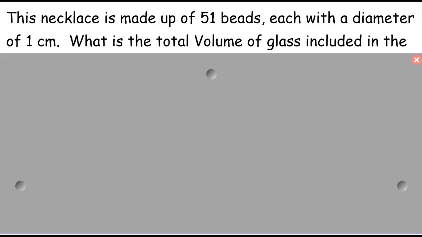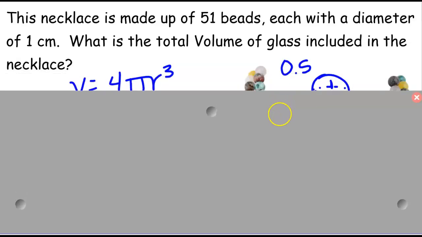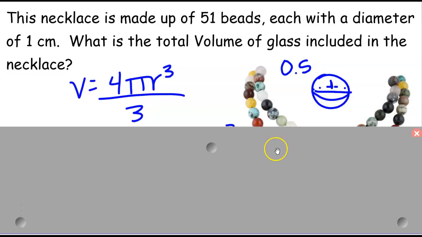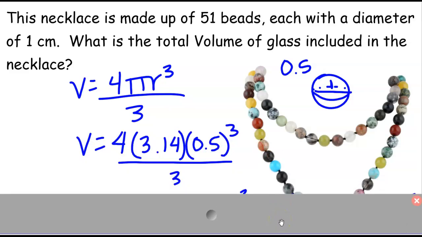Well, if the diameter is 1, that means that my radius is 0.5. So I need to go ahead and figure that out first for one bead. So volume of a sphere is 4 pi r cubed divided by 3. Now, if I take my 0.5, that's my radius, to the third power, I can plug those in.